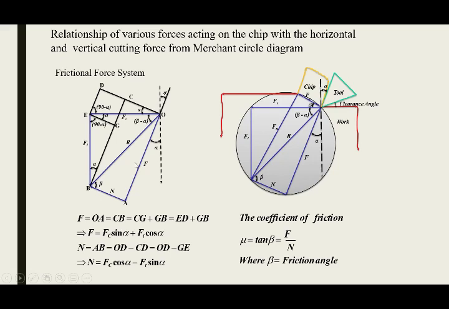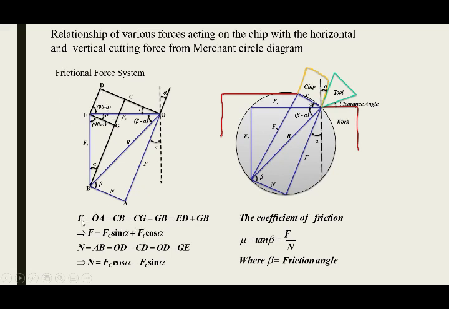So from this, F is OA. This distance is equal to this distance. So OA is equal to CG plus GB. Distance CB will be CG plus GB, which is again equal to ED plus GB, as CG is equal to ED.